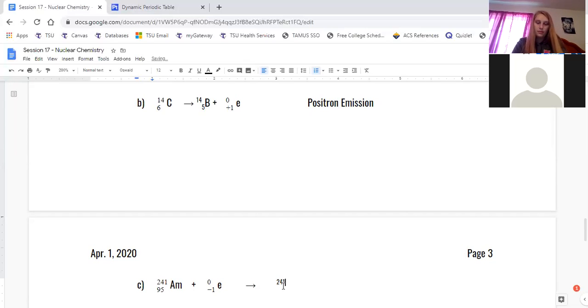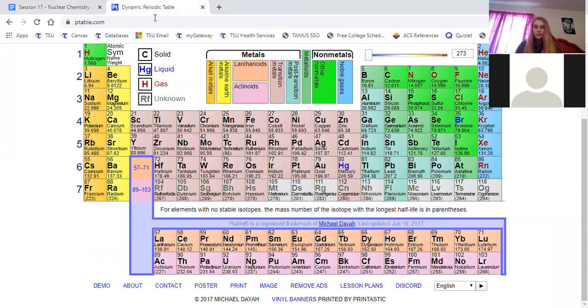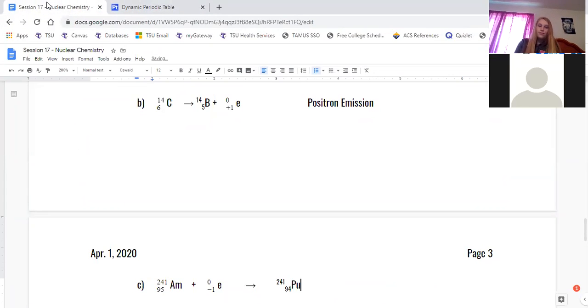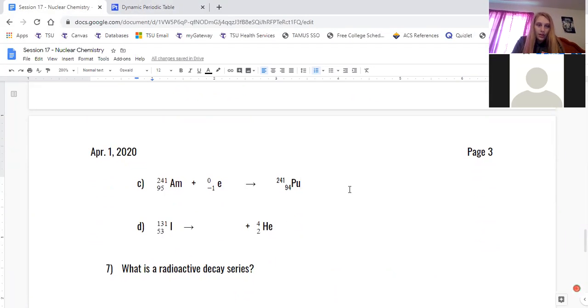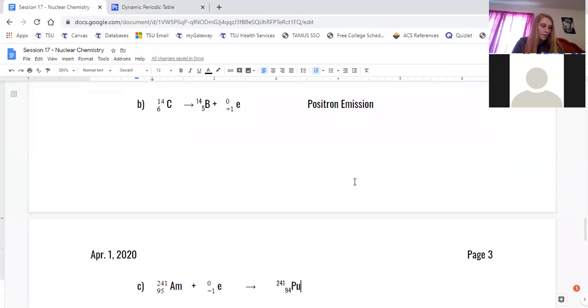Perfect. 241 over 94. Okay. And so what element are we going to have this time? Plutonium. Perfect. That makes me think of Back to the Future. Let's see. All right. Oh, and then what kind of emission is that going to be? Or not necessarily emission. What type of nuclear reaction is this? Electron capture. Y'all got the hang of this. Y'all are doing awesome.